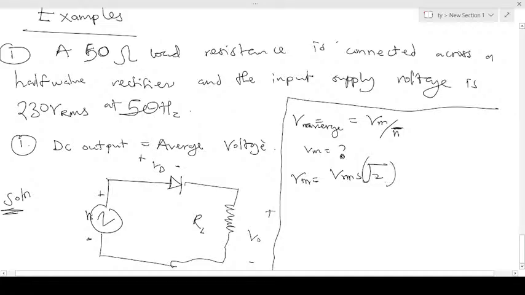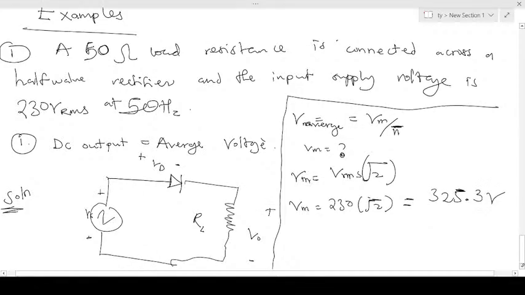Now here in our question, our V of RMS is 230 volts. So our Vm will be 230 root 2. This will give us 325.3 volts.